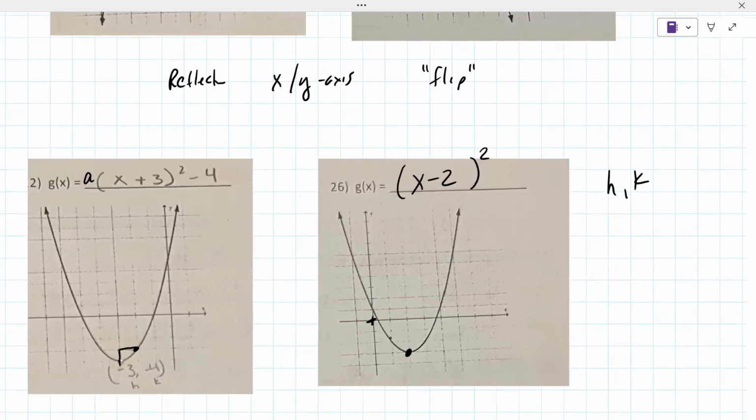Yeah. So think of this as the vertex. What is the vertex? It's 2 comma negative 3, and that's your H and K. And then you want to check that one point there to see if it's up 1, right 1. That will tell you the value of A. Okay, so just one.